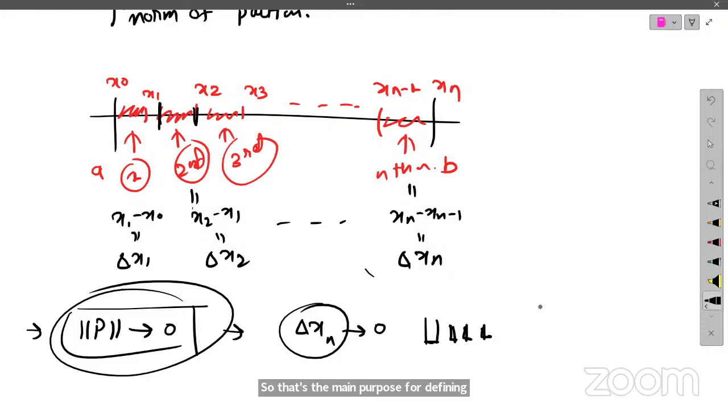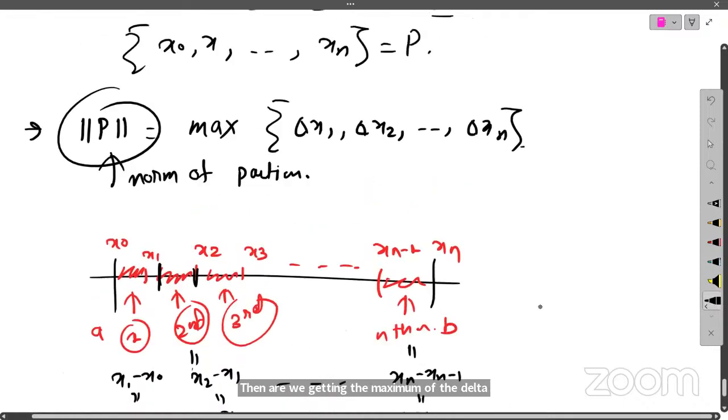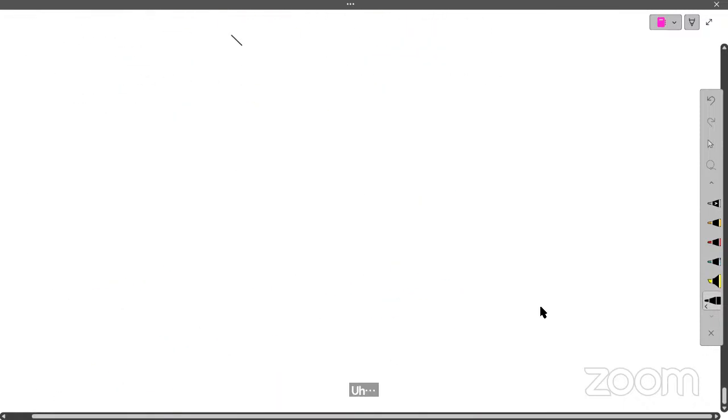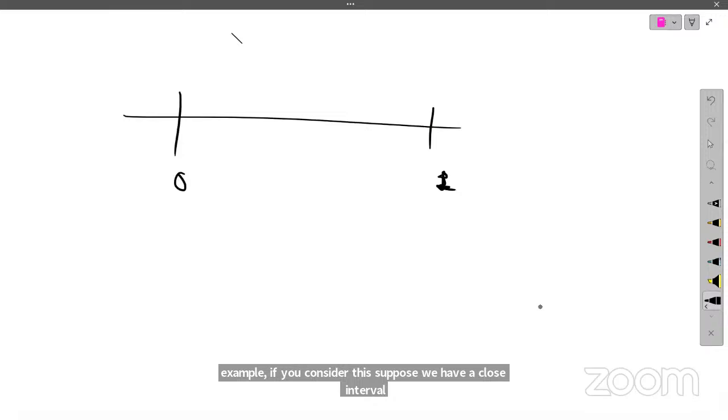If we partition, it would always be the same size, no? Then the delta would be the same only, right, ma'am? Then how are you getting the maximum of the delta? No, it need not always be the same. For example, suppose we have a closed interval 0 to 1, and I divide this interval into 3 parts.